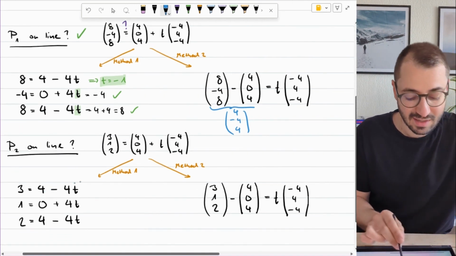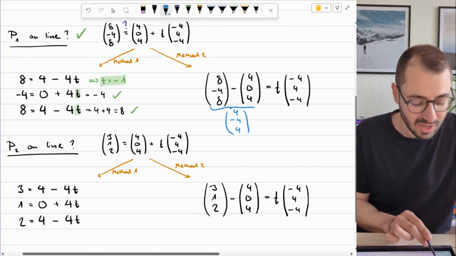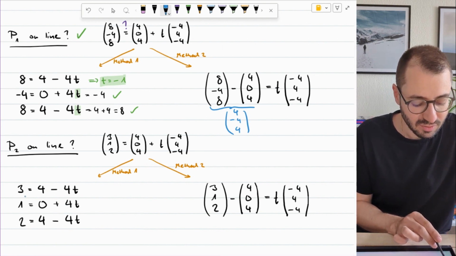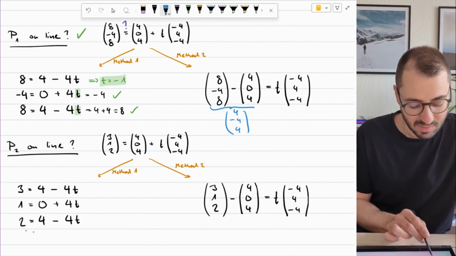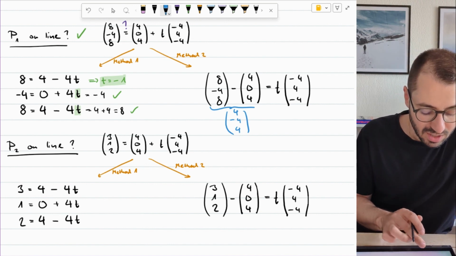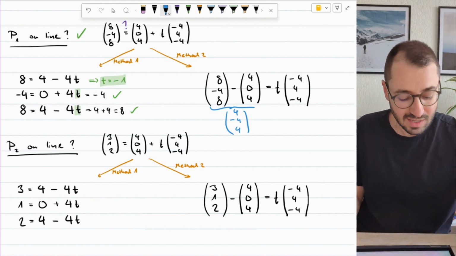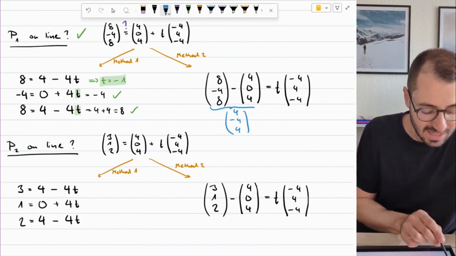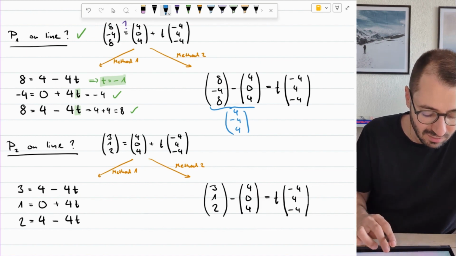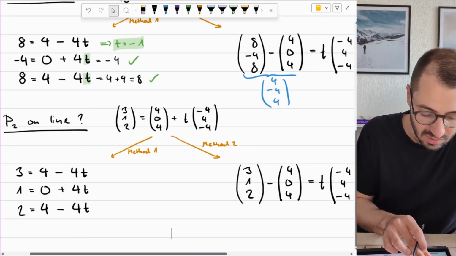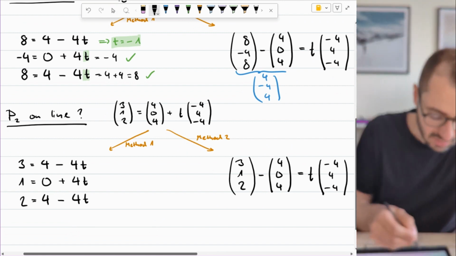With the first method, again we get three equations. The first one reads 3 is equal to 4 minus 4t, and you also see the second and the third equation. Again, they need to be fulfilled all three simultaneously. So let's solve the first one again for t.